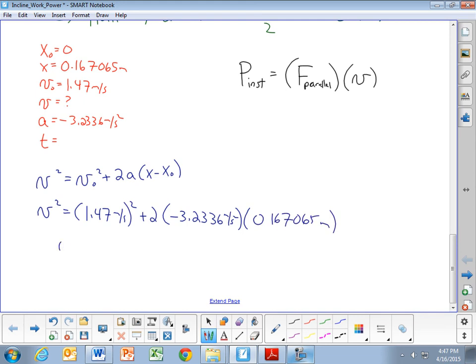And if you solve this for the speed, you get 1.03945 meters per second. So it's slowed down a little bit. It's gone from 1.47 meters per second down to 1.03 meters per second. It's only lost a small amount of its energy, or of its velocity. It's about 2/3 of what it was at the beginning.